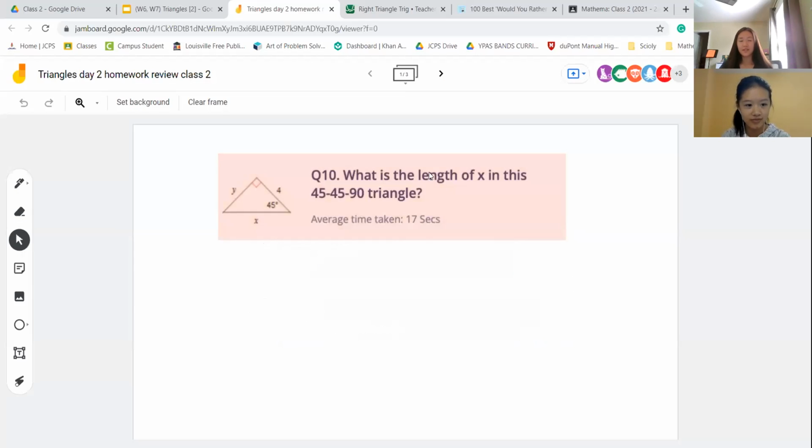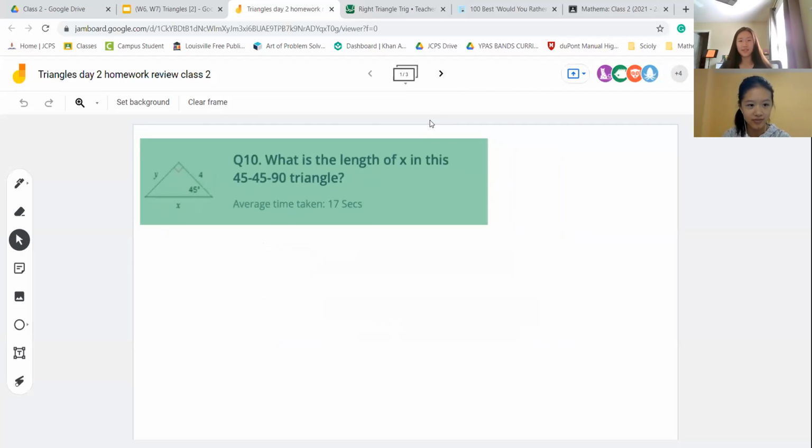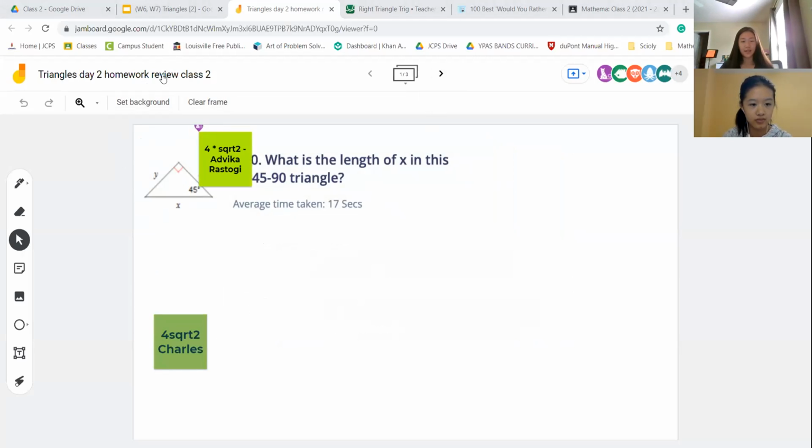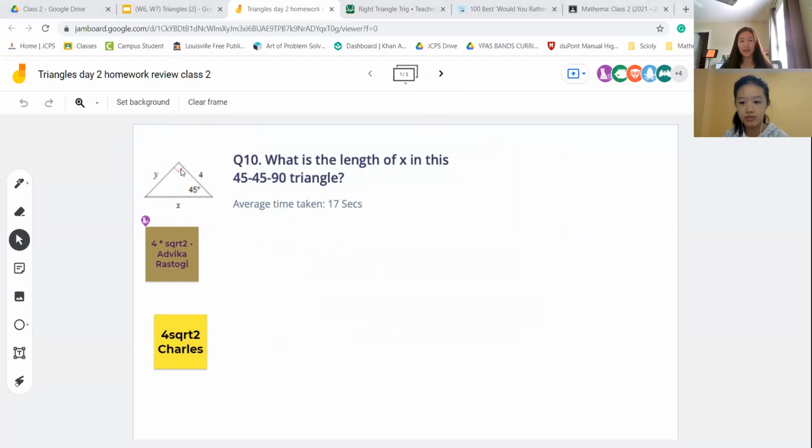Yes. So the first one is, what is the length of x in this 45, 45, 90 triangle? And you guys can put your answer on the Jamboard if you want to. So this one, you just look at the relationship of the sides in a 45, 45, 90 triangle, which is that the legs, if I express them in terms of x, there'd be x, and then the hypotenuse would be x root 2.